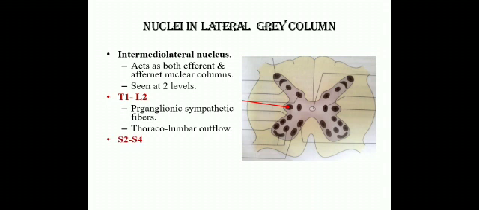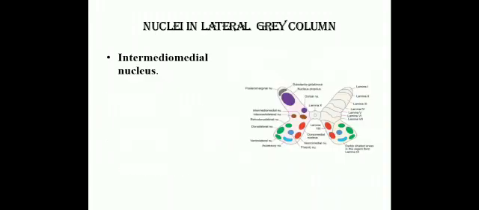Another one is S2 to S4 segments, which give rise to preganglionic parasympathetic fibers. It is chiefly for the pelvic viscera. Another group in the lateral grey column is the intermediate nucleus, which includes internuncial neuronal columns.